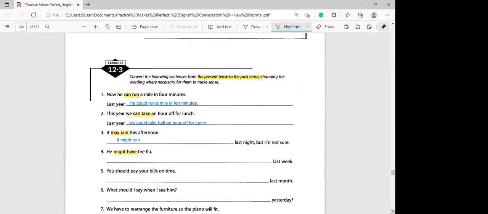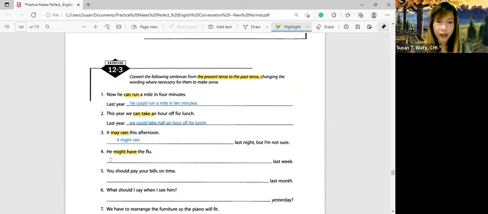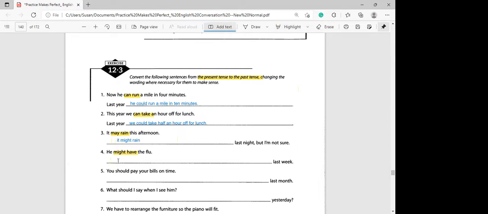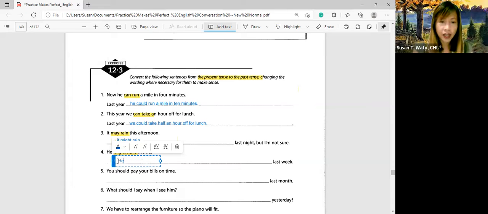We still have "He might have had the flu." The subject stays the same, right? And because it's might, it turns into might have.